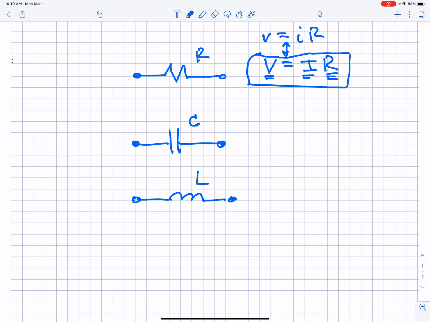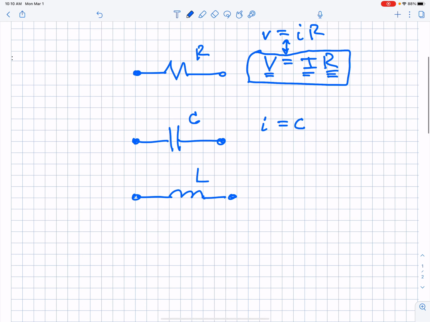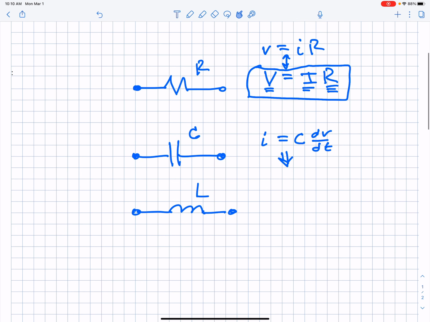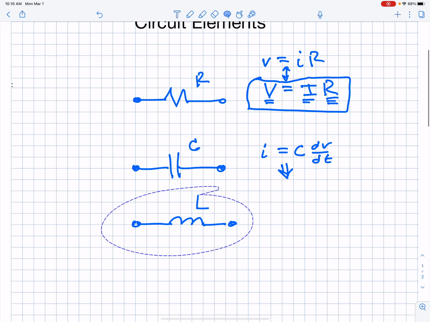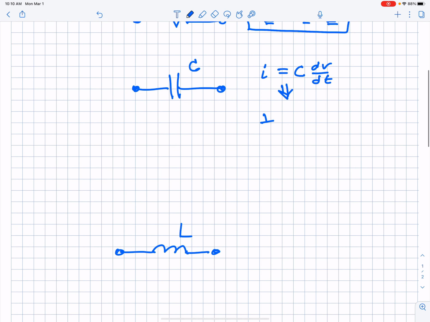Okay, so let's switch that over. Let's do the capacitor. And one thing we know from physics and from your circuits class is that I is equal to C dV/dt. Okay, so I can take the Laplace transform of both sides, and when I do that, I get capital I is equal to C S V. All right, the S comes from the fact that this is a derivative.